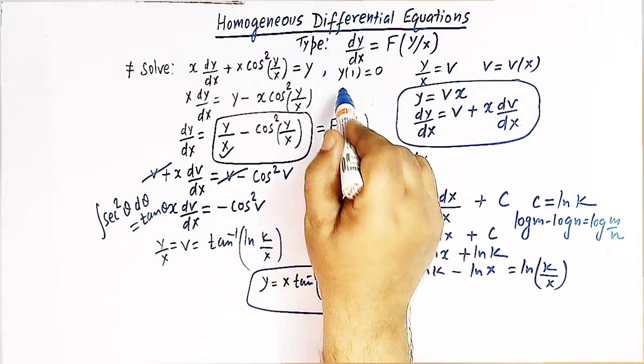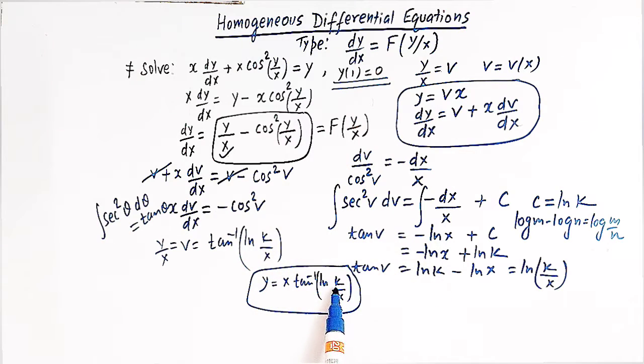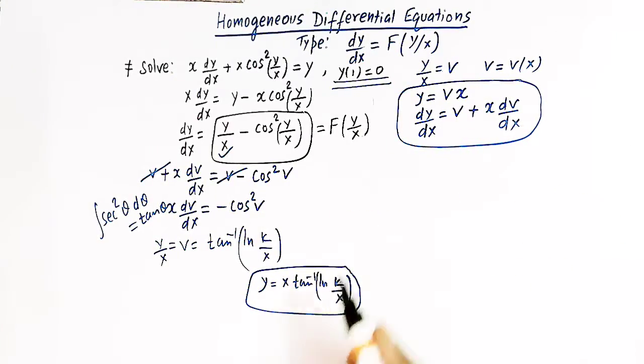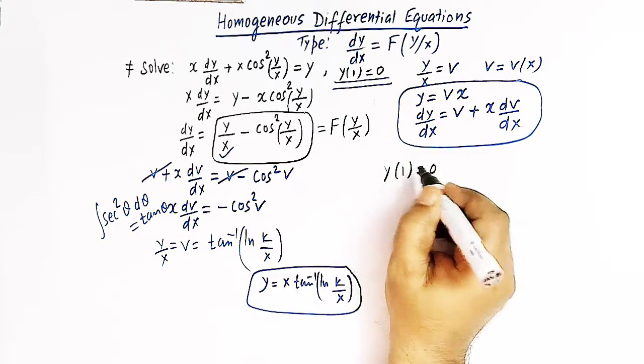So now let us make use of this initial condition to get the value of the constant of integration k, and then we can get the particular solution of this differential equation. So now the condition is y of 1 is equal to 0.